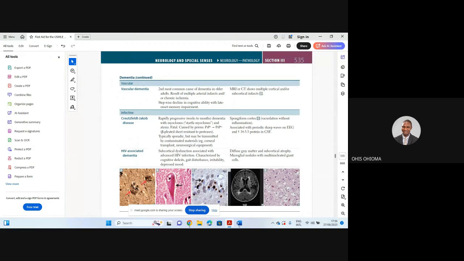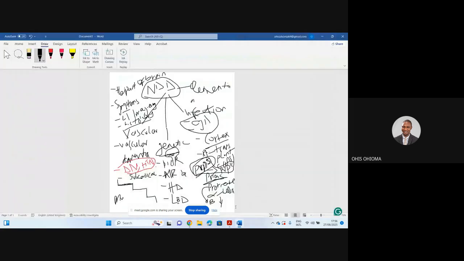But when we start doing images, I'll get clearer pictures and show you a better illustration of vascular dementia, right? So, do we have any question as regards vascular dementia?